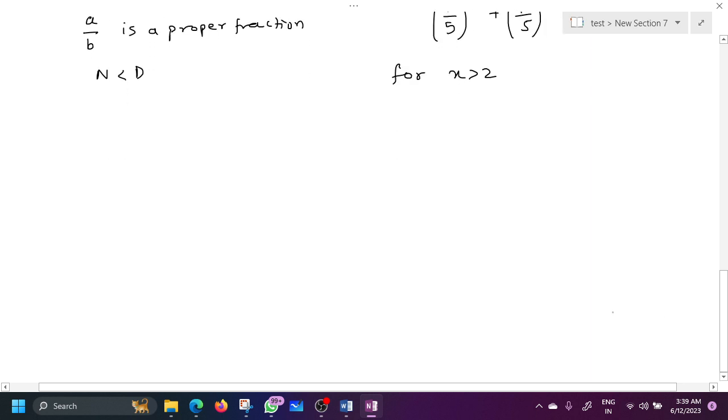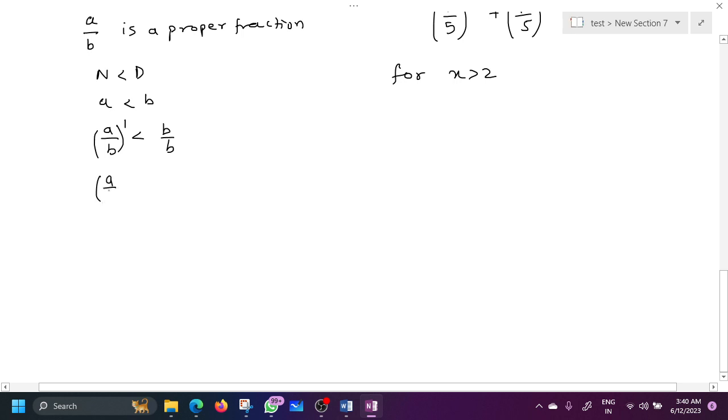Everyone knows. So a is less than b, or you can say a upon b is less than b upon b. Here the power of a upon b is 1 right now. Okay, so if I increase the power of a by b by 1 unit, I'm going to make the power of a by b 2, and let's see what happens.